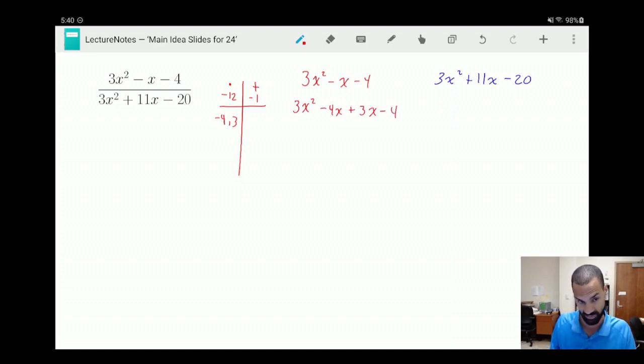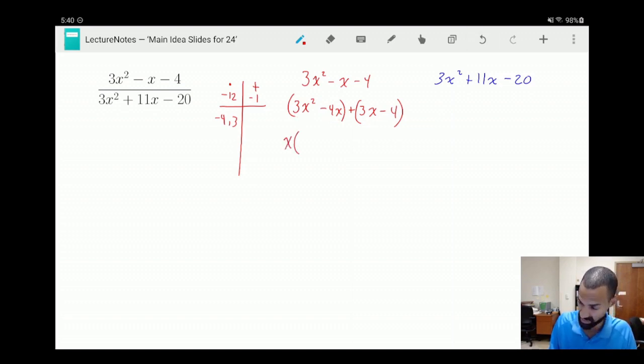Once it's split into 4 terms, I'm going to group together the first 2 terms, group together the last 2 terms, and factor out my greatest common factor. The common factor between 3x squared and negative 4x would be x.